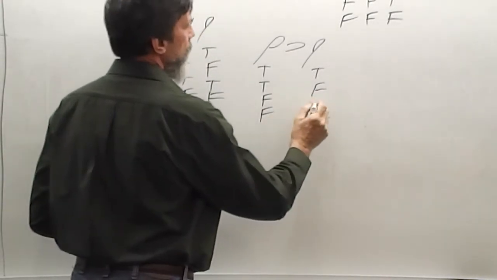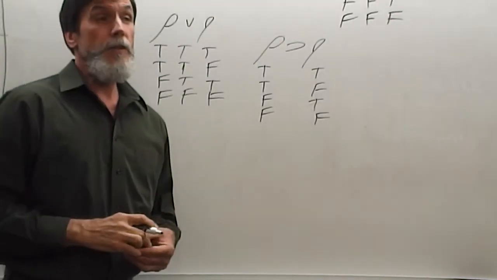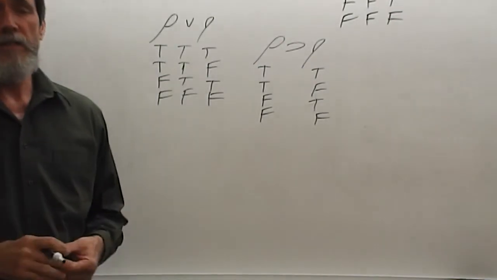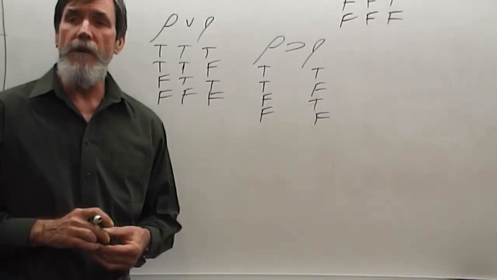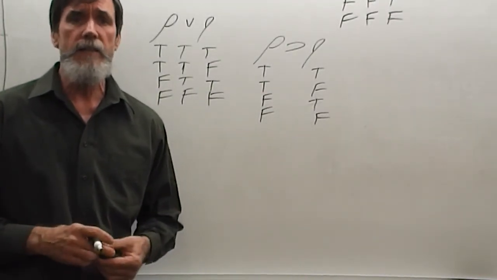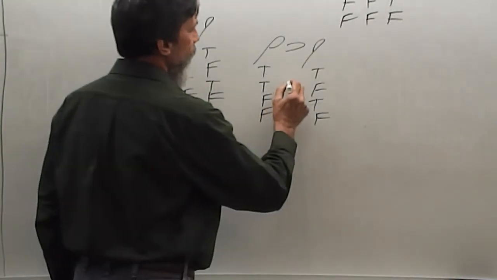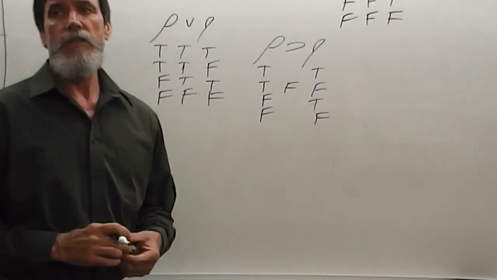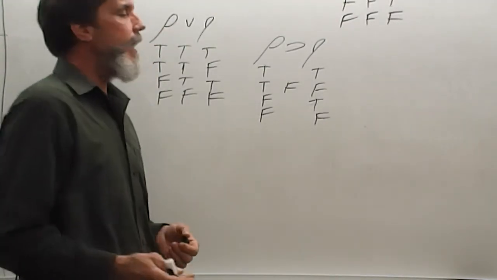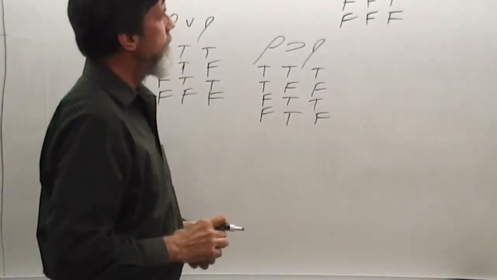Those are all possible truth values for those two components. The truth value of the horseshoe, or in other words, of the conditional statement form, is a function of the truth values of P and Q, the antecedent and the consequent. By definition, the horseshoe is only false when the antecedent is true and the consequent is false. In every other case, we have a true horseshoe.